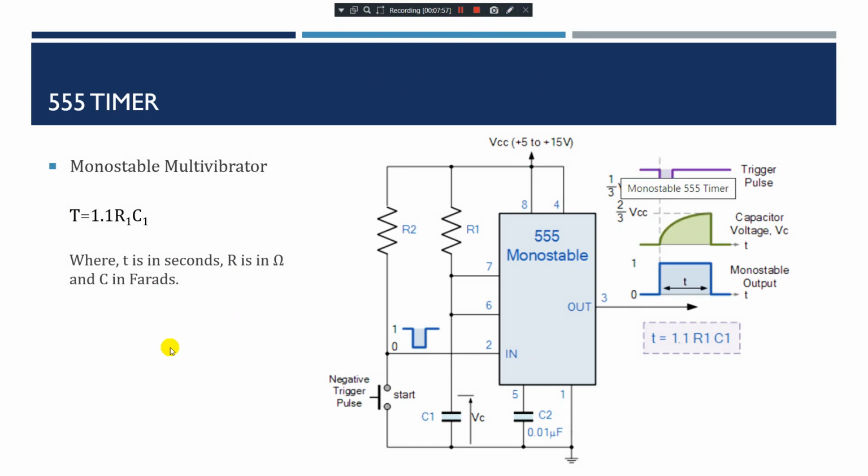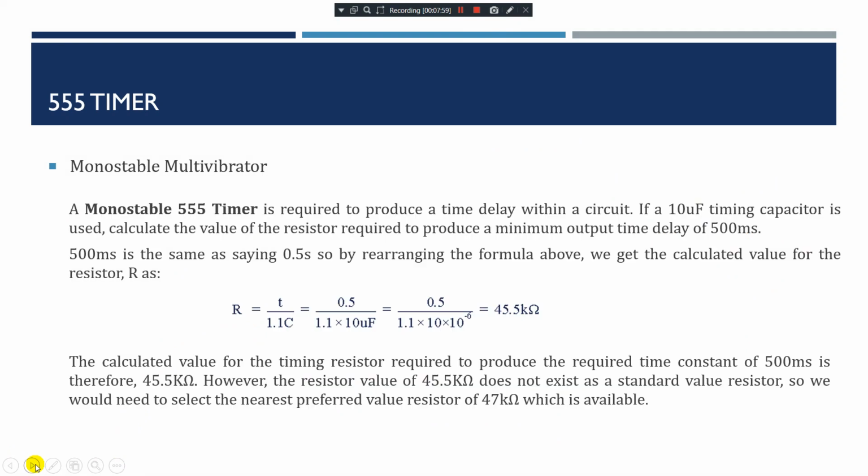We'll go for the next slide. So coming to monostable, it is required to produce a time delay within a circuit. This is a problem. If a 10 microfarad timing capacitor is used, calculate the value of the resistor required to produce a minimum output time delay of 100 milliseconds.